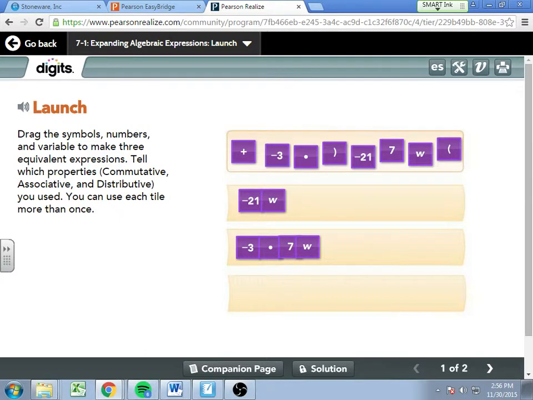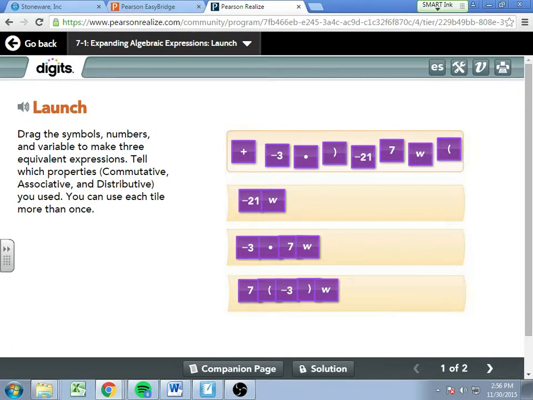I meant 7, parentheses, negative 3. Then close the parentheses. And then we still need the w, right? Yeah, I can drop the w right there. We don't need to put the equals to leave it as an expression.